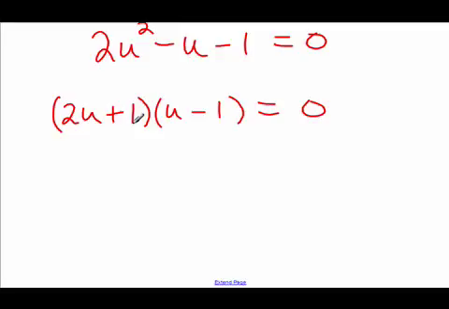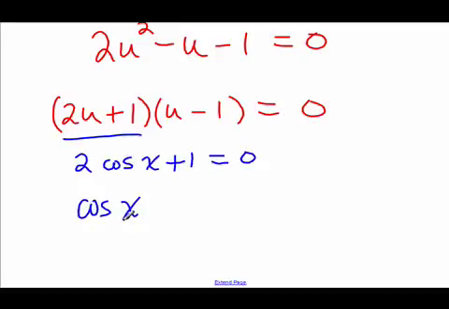Now here's where you would set each factor equal to 0 and solve for u, but right now let's skip ahead, take u out and put cosine x back in, and set each factor equal to 0. So here we would have 2 cosine x plus 1 equals 0, or cosine x minus 1 equals 0.